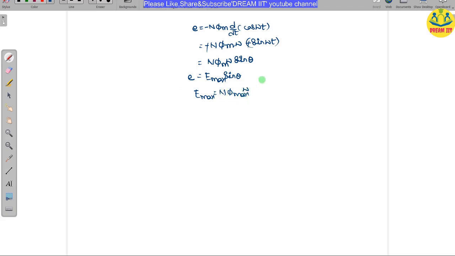This E max value is known as the maximum induced EMF. You get it when theta is equal to 90 degrees, that is n into phi max into omega, where omega is the angular frequency. Angular frequency can be written as 2 pi f, which also can be written as 2 pi by T, because frequency and time period are inversely proportional.